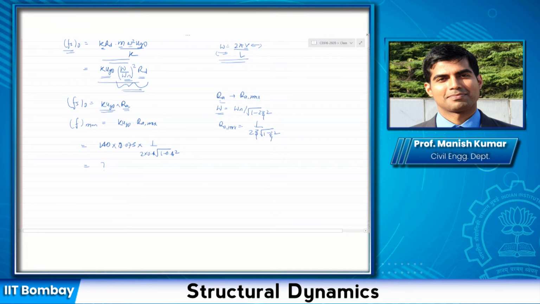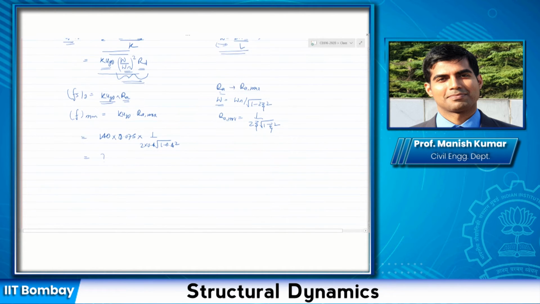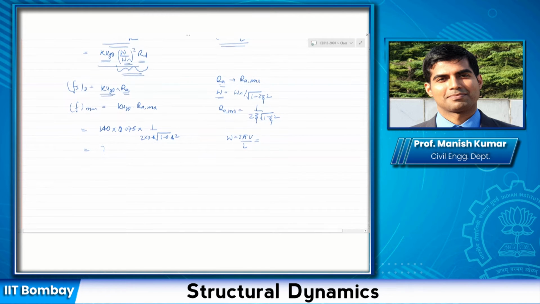The maximum response is at omega equal to omega n times this much. So all I need to do to find the velocity is equate 2 pi v by L, which is the excitation frequency, to the frequency at which the response becomes maximum, and that is omega n times the square root of 1 minus 2 zeta square.